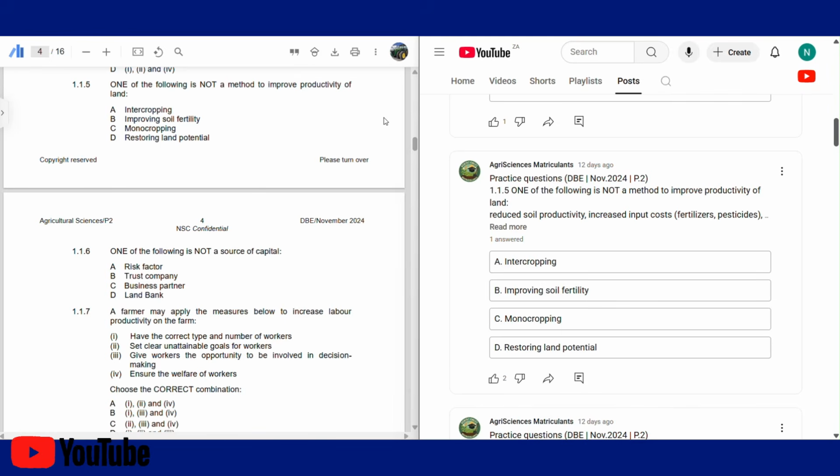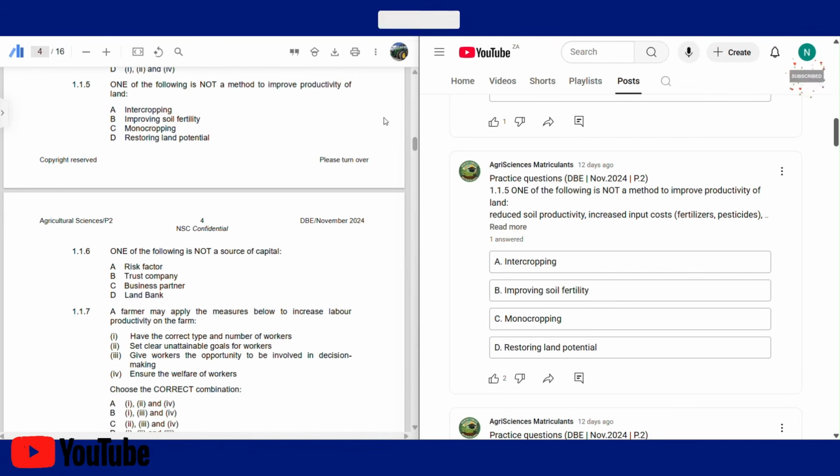B, improving soil fertility, maybe adding organic matter to the soil, is one of the methods of improving the productivity of the soil. Monocropping is not going to improve the productivity of the land, because that's when we basically plant the same type of crop year after year after year.